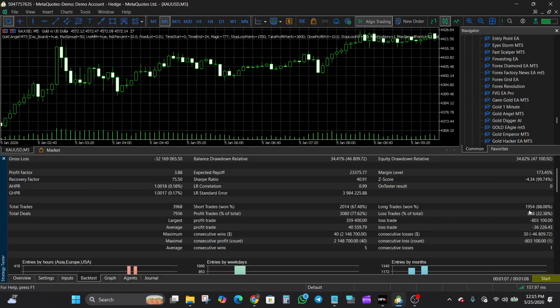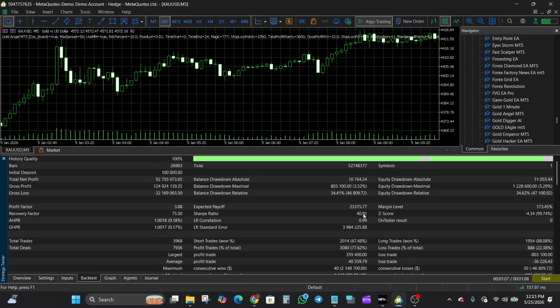The long trades were 1,954 with 88.08% win rate. Okay, so the win rate is quite impressive, especially for the long trades. The short trades, the win rate is just okay, right?